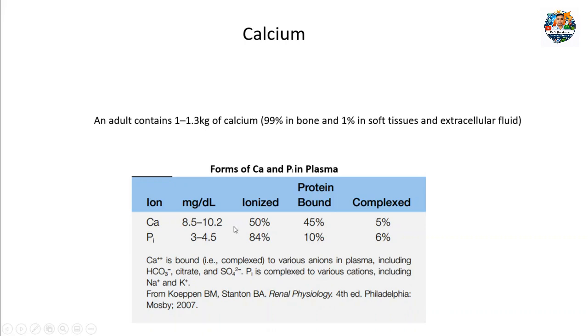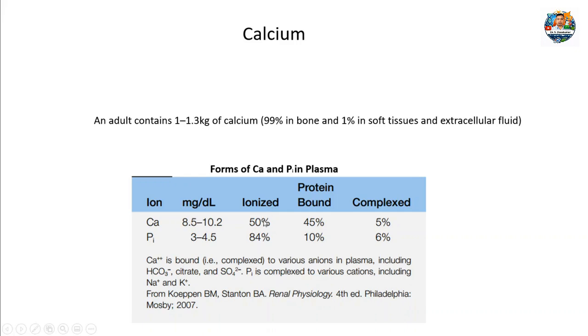So this is the normal concentration range of calcium present in the plasma: 8.5 to 10.2 milligram per deciliter. That is, 100 ml of the plasma contains 8.5 to 10.2 milligram of calcium. And this calcium is distributed in these three forms.